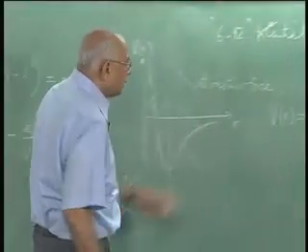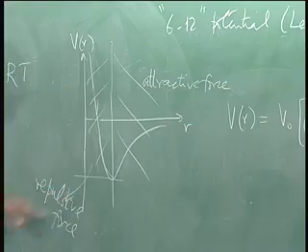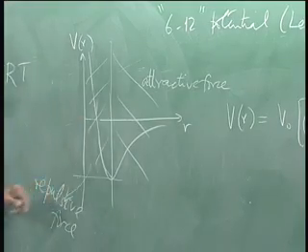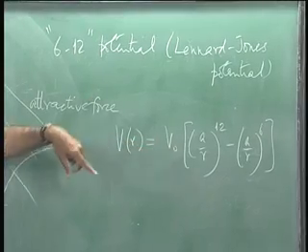So there is a scale factor a, and then there is a minimum here. This is proportional to minus 4 V naught or something like that. So this is the general Lennard-Jones form.